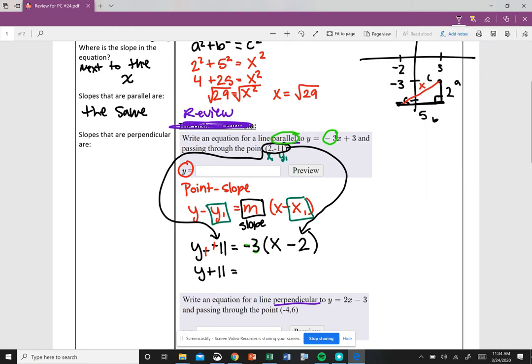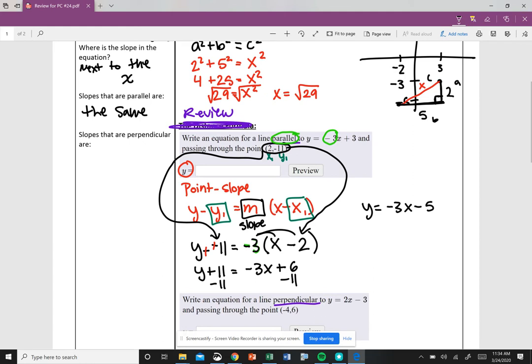Okay, equals, and then we're going to go ahead and distribute that negative 3. So we have negative 3x plus 6. Okay, so now all we need to do is subtract 11 from both sides. And we're going to get y equals negative 3x, and then 6 minus 11 is negative 5.